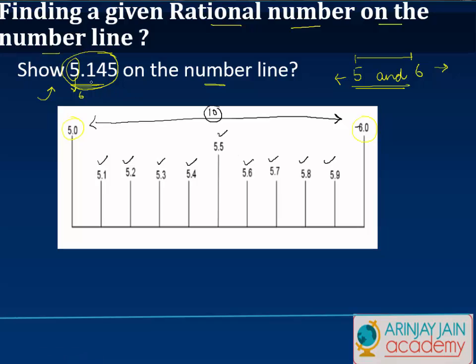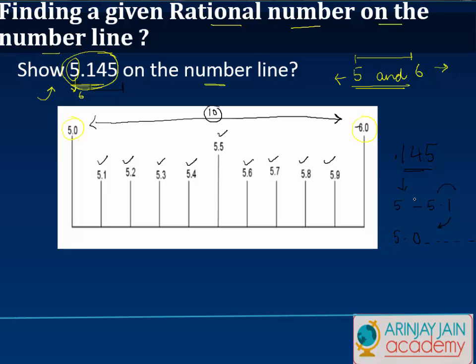Now come to think of it, once I have formulated that this number lies between 5 and 6, if I see the last three digits of the number, it is 1, 4 and 5, right? 0.145. Now we know that 0.145 cannot be between 5 and 5.1. The reason is that anything which lies before 5.1 is going to be something like 5.0 and then some other number.